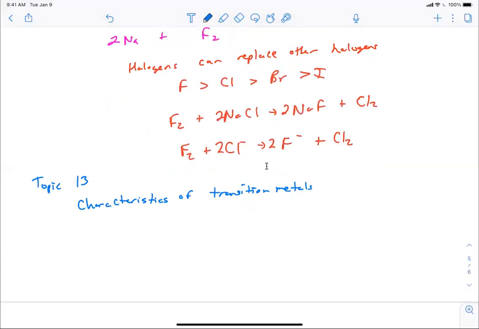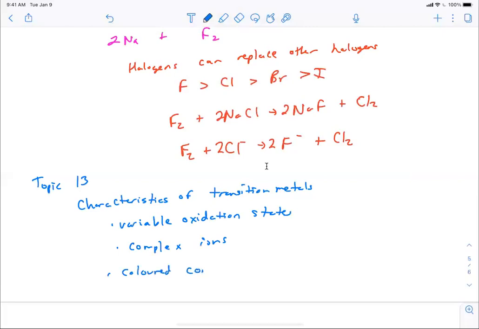It is a list, and the IB generally finds one list to incorporate into each paper. So this list of characteristics: one, variable oxidation states. They form complex ions. They form colored compounds.